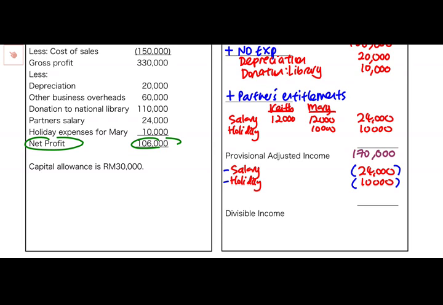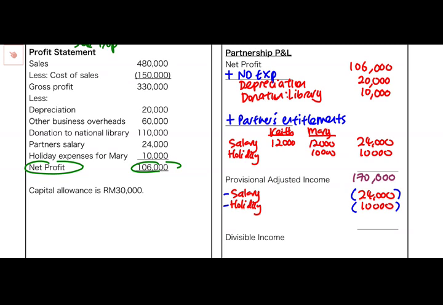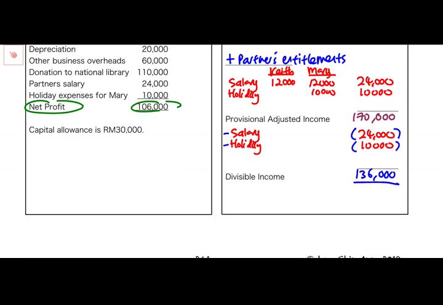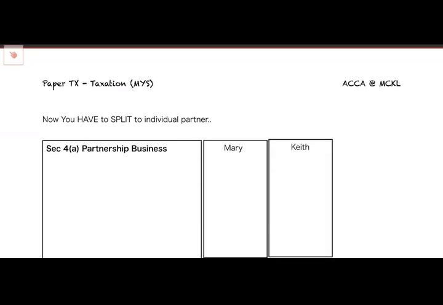Okay? Now, what do you get as your divisible income? 136. Okay, so literally this is the word divisible. Now go to the next page. You divide using the ratio.